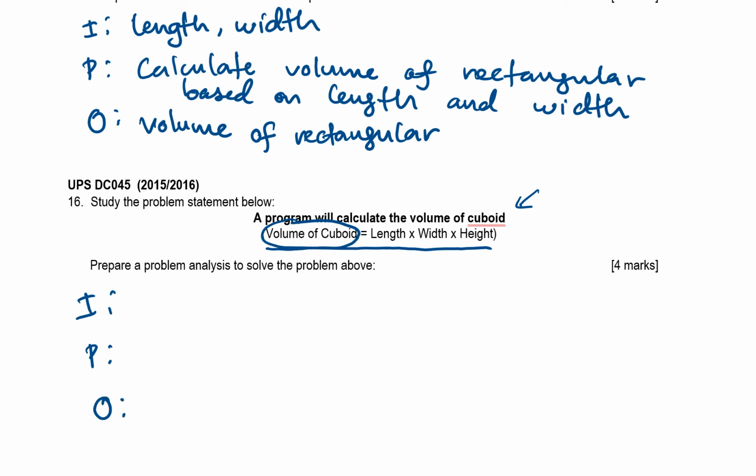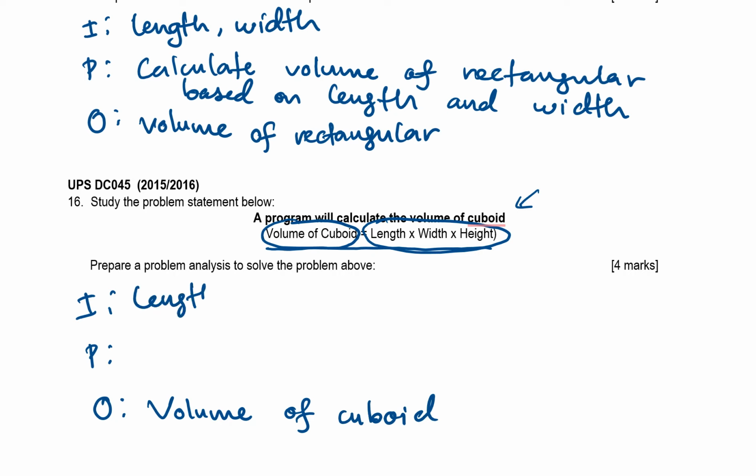Of course, volume of cuboid. Okay, now what is the input? Of course, on the right of the formula. So the input is length, comma, width, comma, height.